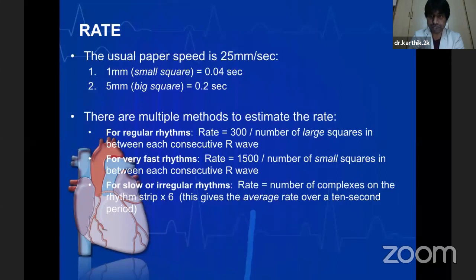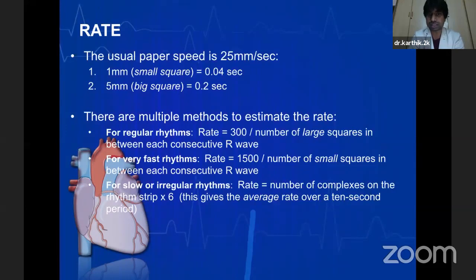Sometimes it's tricky. The two R points may not fall exactly on the lines, so it may not give you a numerically satisfying number of large squares, with small squares being left over. And sometimes the rate is so fast that you may not be able to use the large squares efficiently to calculate the rate of the heart.